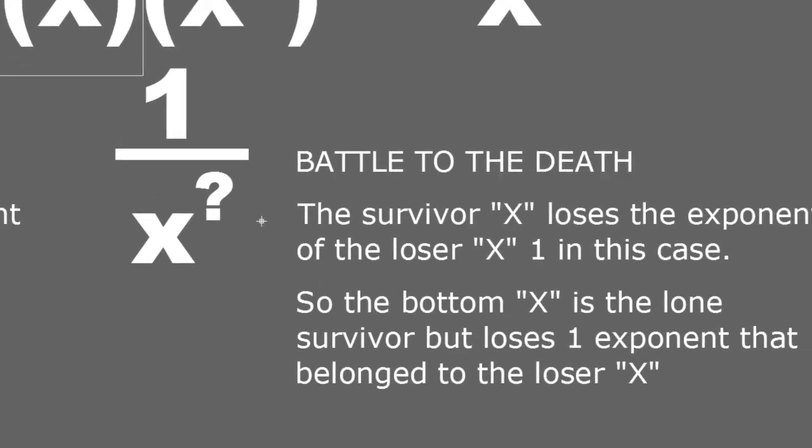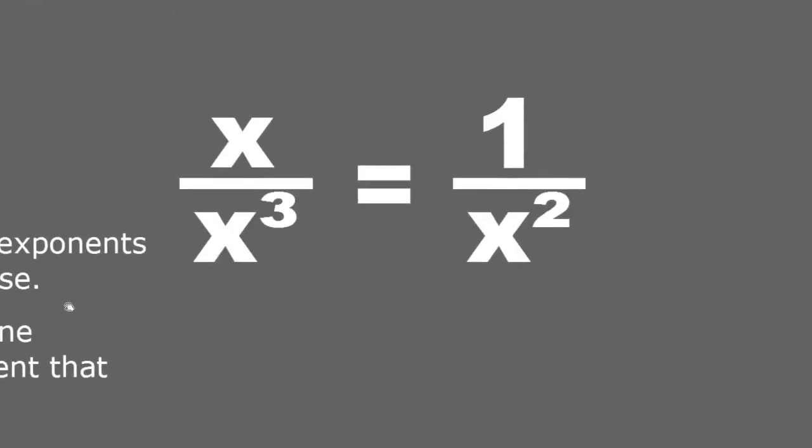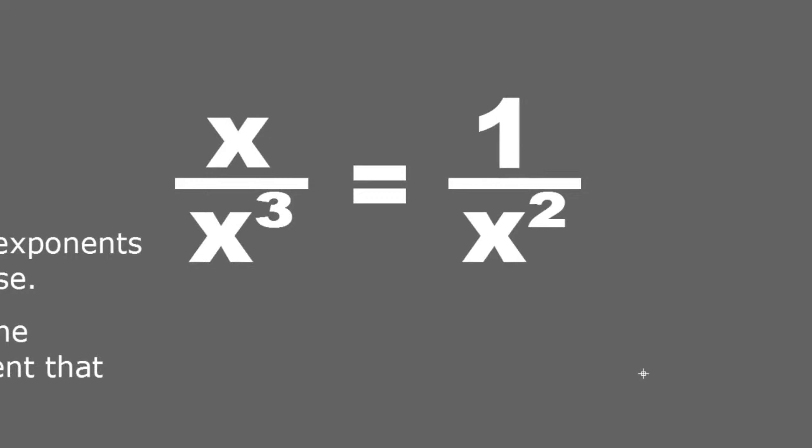But what is the value of the exponent now? Because it went into a battle, it suffers some losses, and the exponent is not going to be the same. It's actually going to be less. How much less? Well, it's going to be the exponents that the loser had.